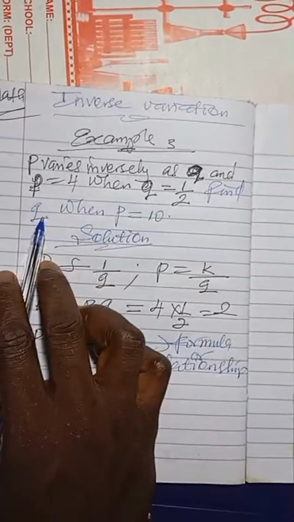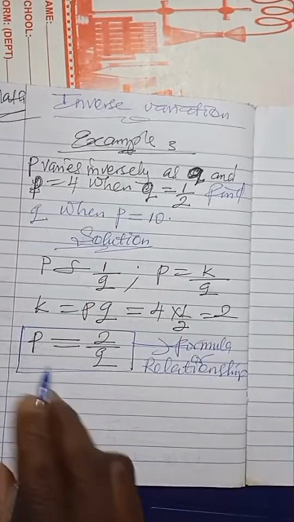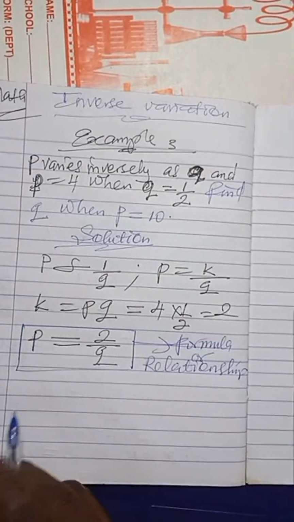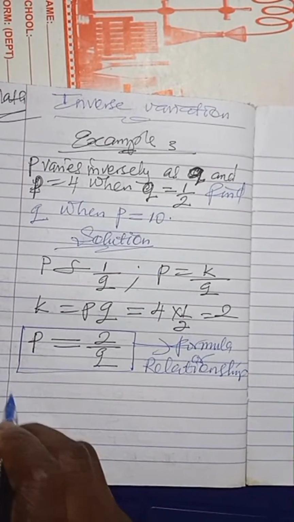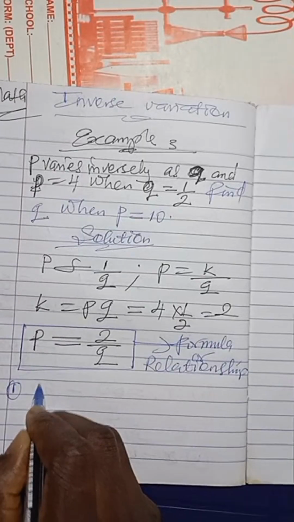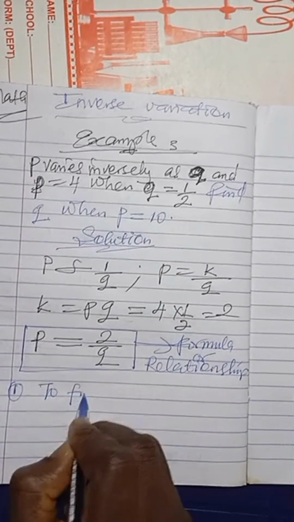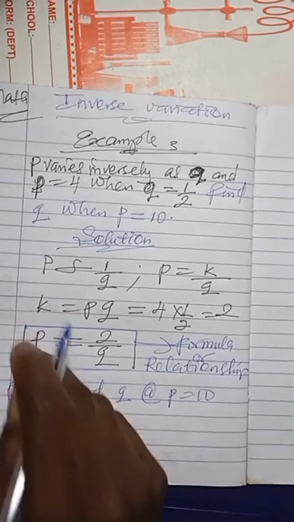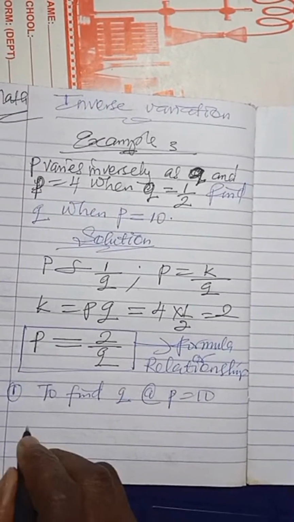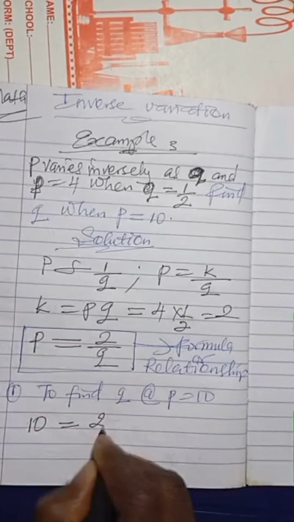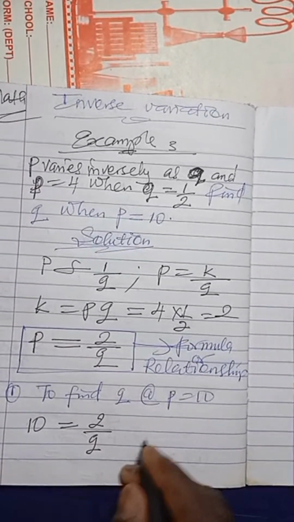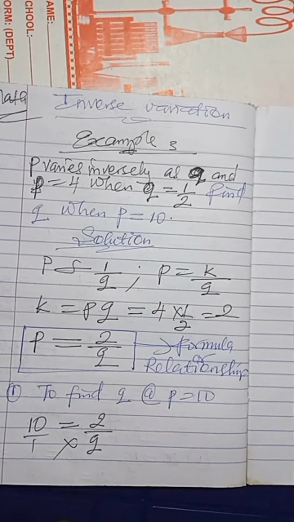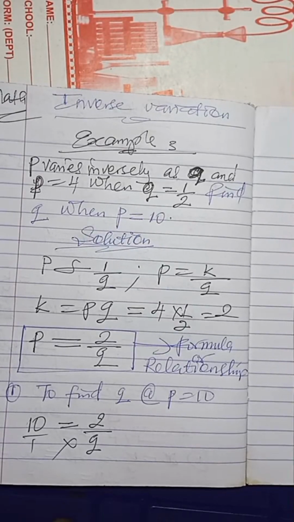So to find Q when P equals 10. It's simple. I'll substitute 10 here: 10 equals 2 over Q. Then cross multiply.